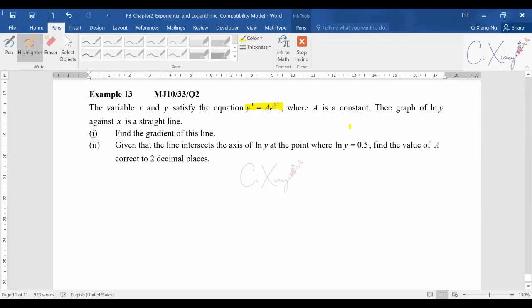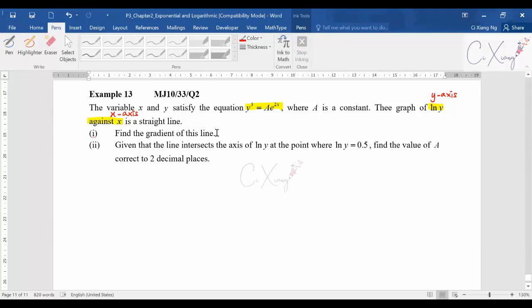And after that, the graph of ln y against x is a straight line. So here they tell you that they draw the graph with ln y as the y-axis and x as the x-axis value. After you draw this graph, you get a straight line. They want to find the gradient of this line.